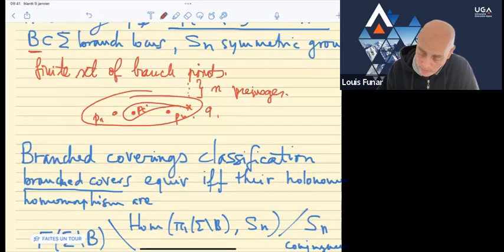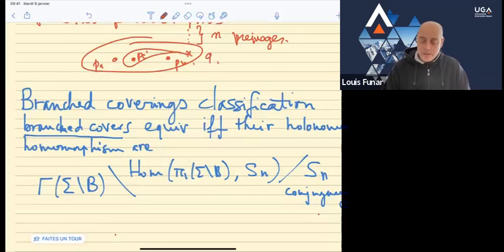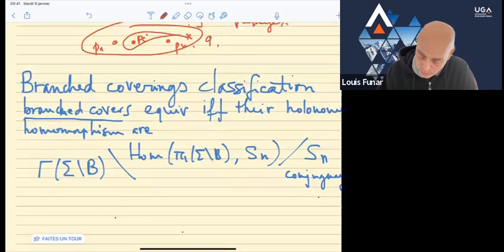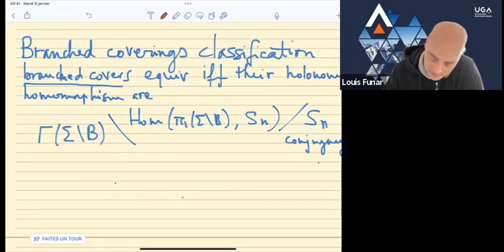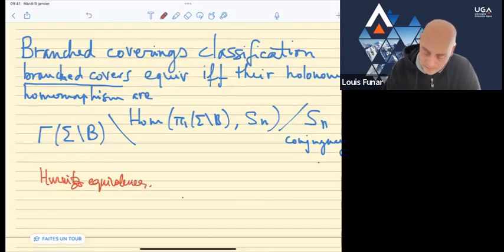So now what is known since a long time is that branched coverings have a simple classification up to equivalence in terms of their holonomy homomorphism. Here we have two kinds of equivalence. Here is the usual Hurwitz equivalence, the Hurwitz equivalence classes.